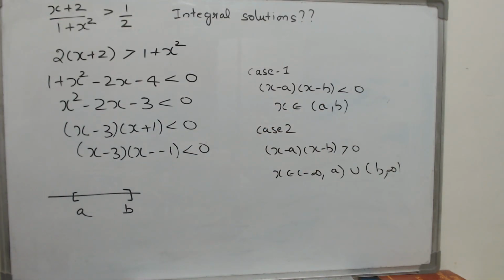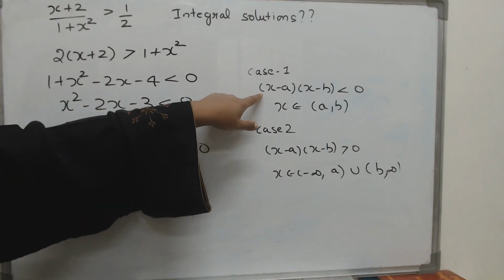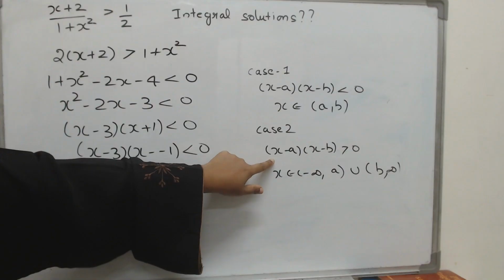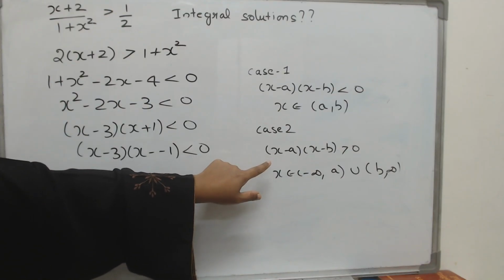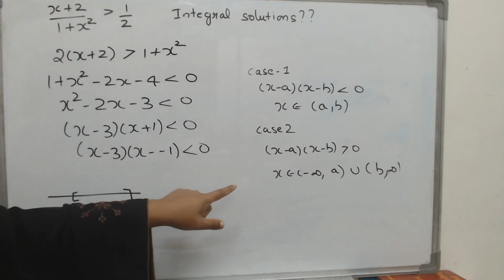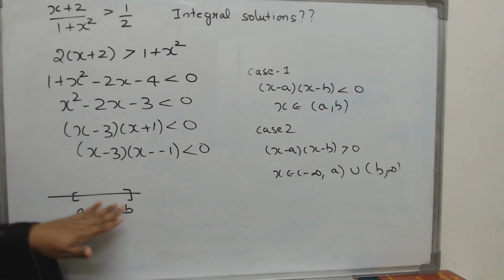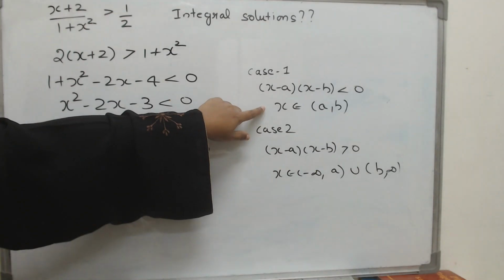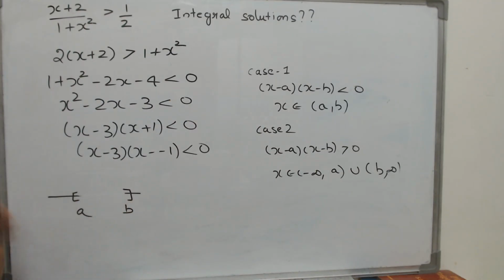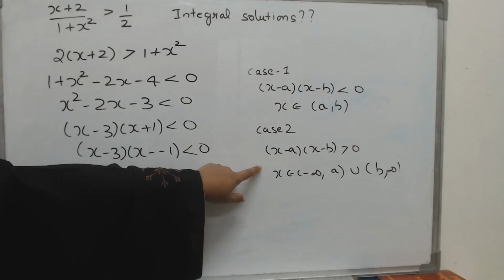But the other case, if you want the product to be greater than 0, then what will be your solution set? Where all can your x lie? From the set of real numbers, just remove the first answer. Then you will get the solution for the second case.